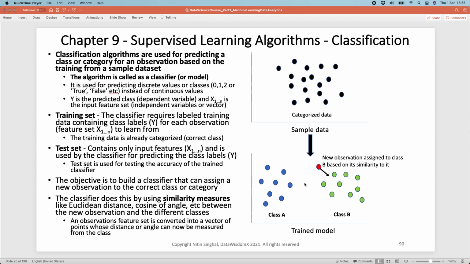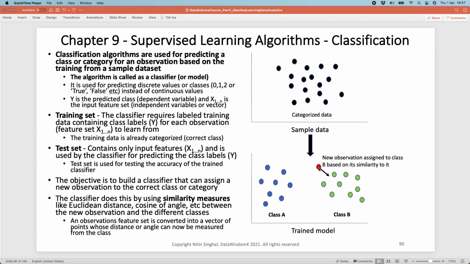However, if the red point was somewhere here, then it would have become difficult because it would have been closer to some points in A and some points in B. That's when the models use some smart techniques to find the best fit class.